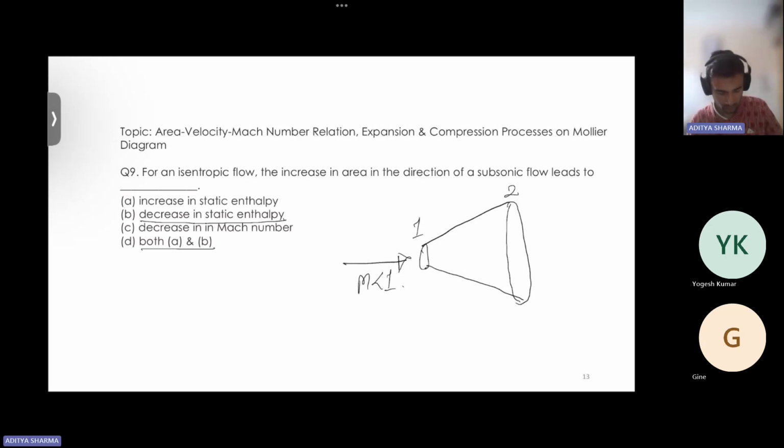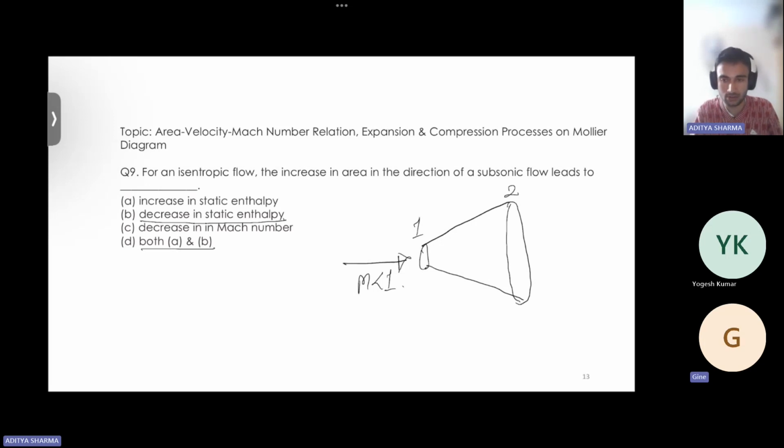What will happen to the static pressure here? If we move from first position to second position? Pressure decreases.